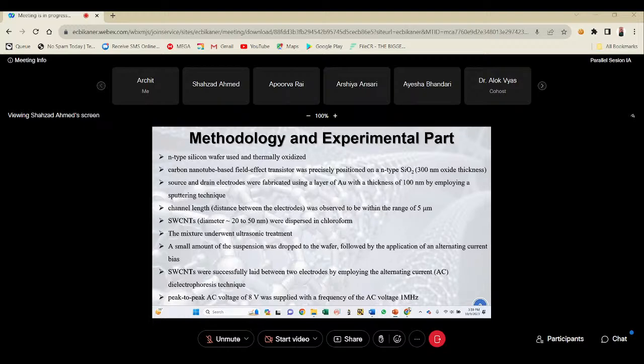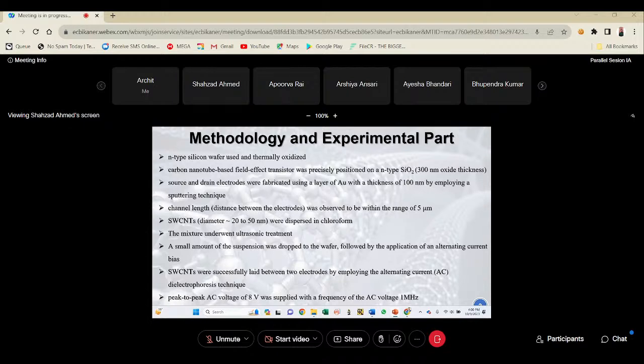The channel length is 5 micron, and the SWCNT diameter is 20 to 50 nanometer. We dispersed it in the solvent chloroform, ultrasonicated it for even distribution of the CNT in the solvent, and then drop cast it onto the wafer.